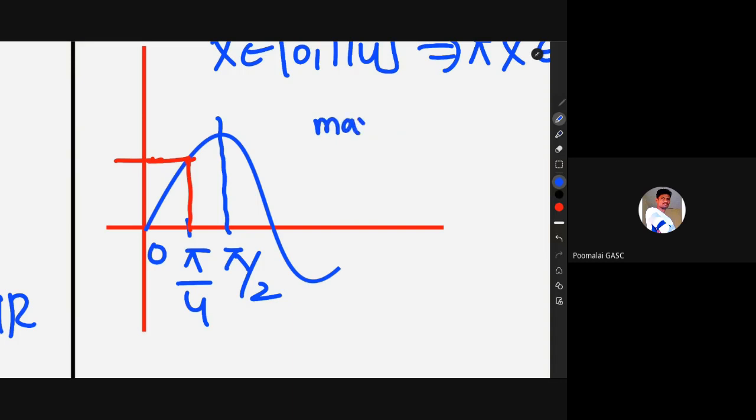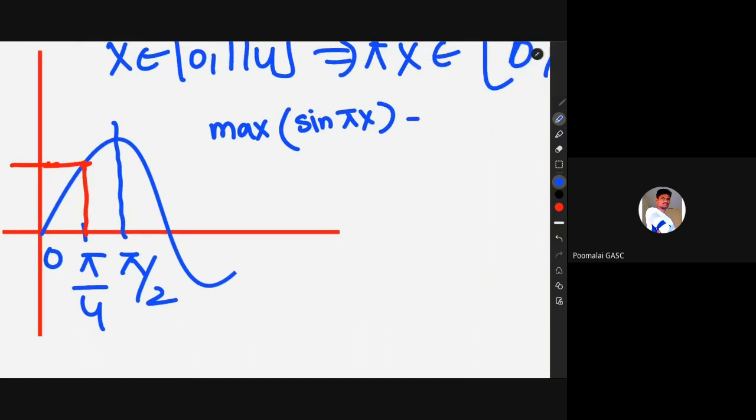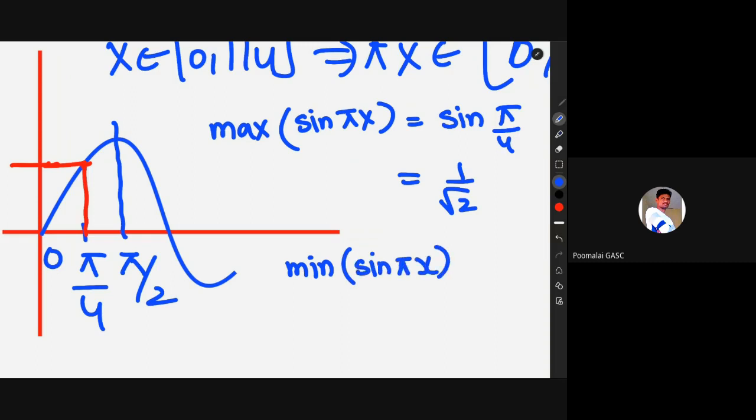So the maximum of sine pi x in this region is sine pi by 4, which is 1 over square root of 2, correct? And the minimum value of sine pi x is sine 0, which is 0, correct?